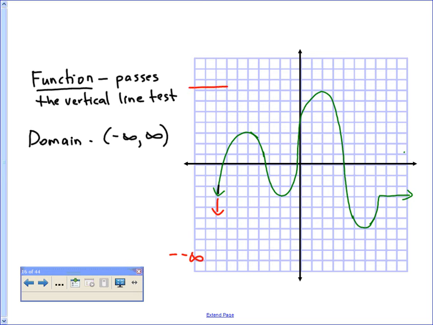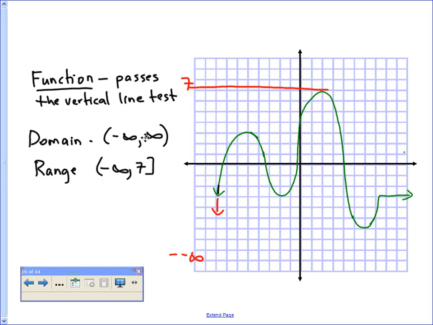Well, it looks like the height is right about here, which is at 7. So y value of 7. So it looks like our range is going to be from negative infinity up to positive 7, and it includes that 7. Okay, so we have the domain and the range there.